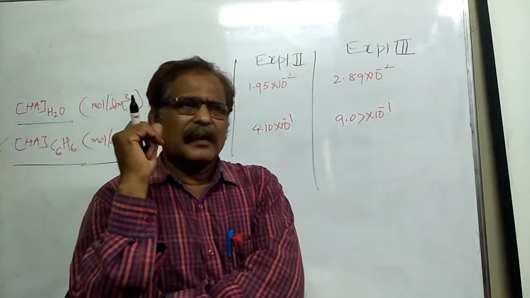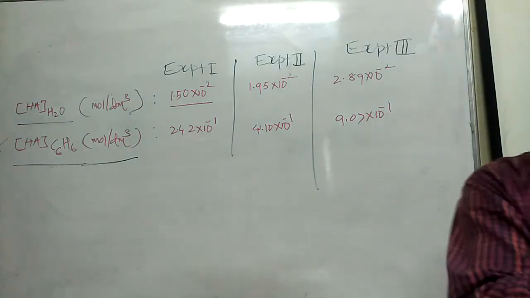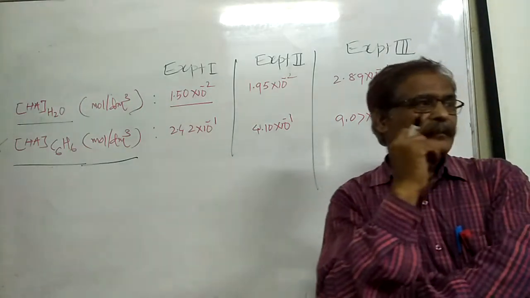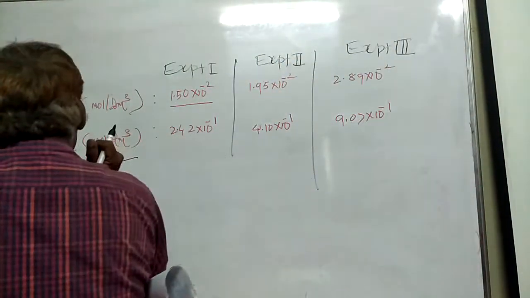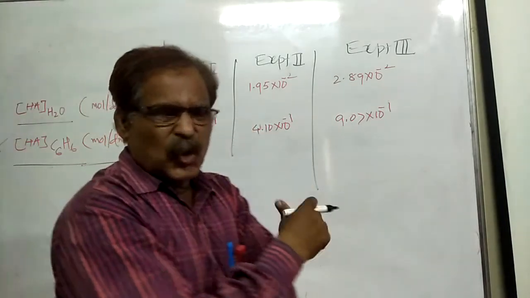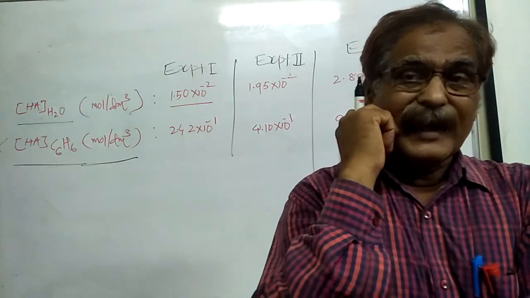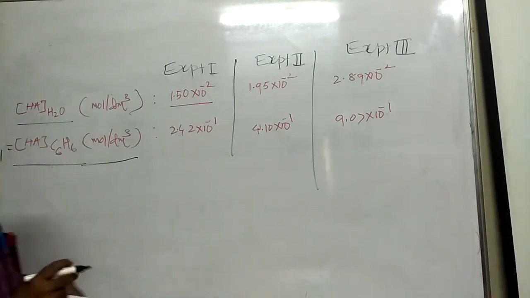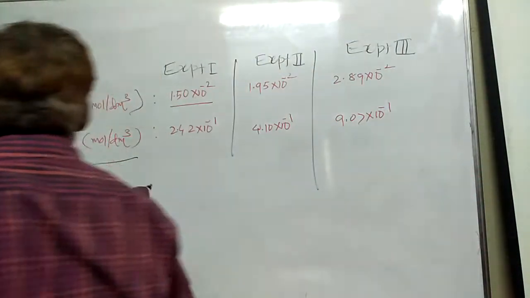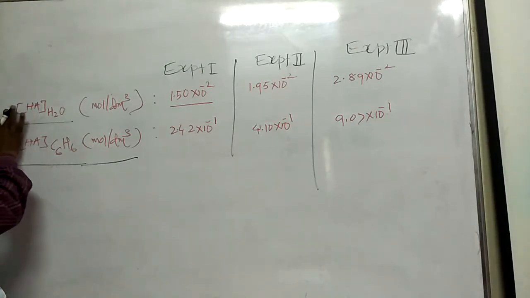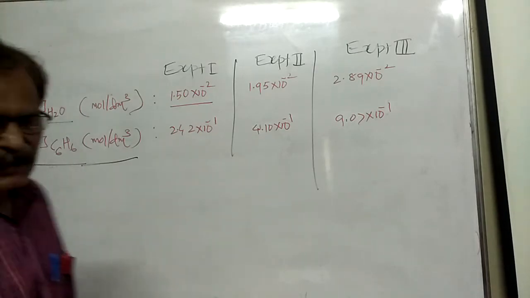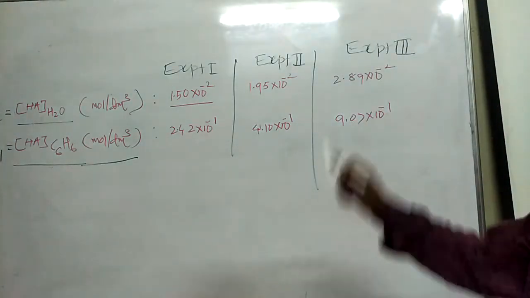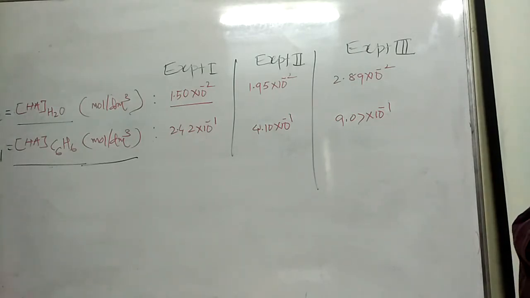So, for simplicity and convenience, and at the same time the IUPAC convention, let us consider the concentration of organic acid in benzene as C1 and the concentration of organic acid in water as C2.